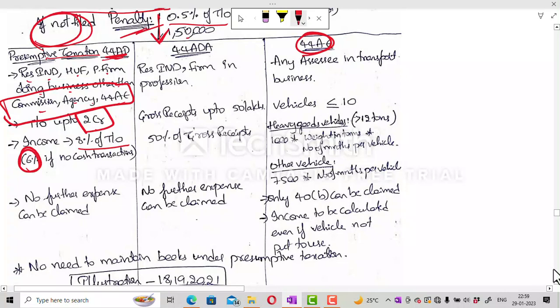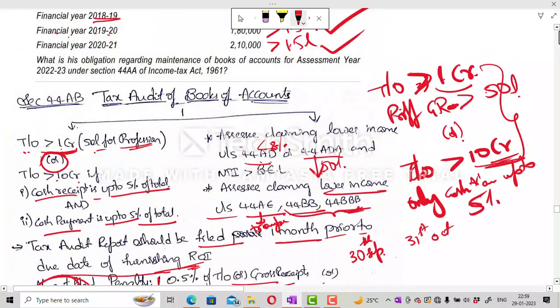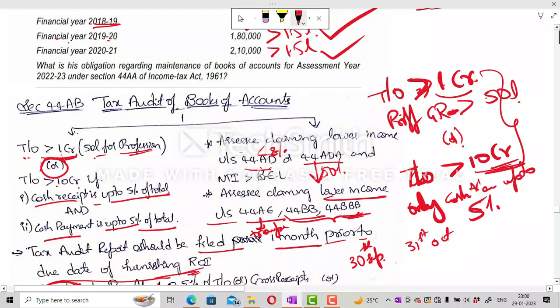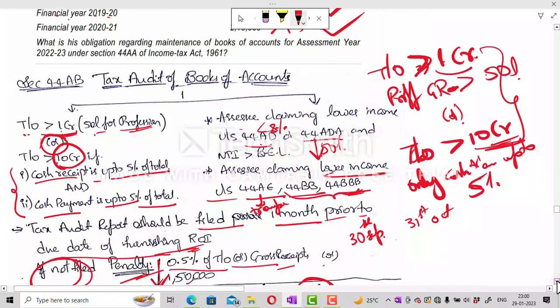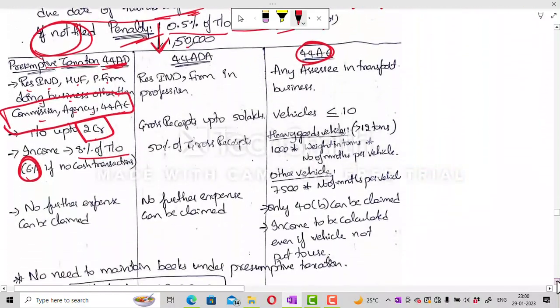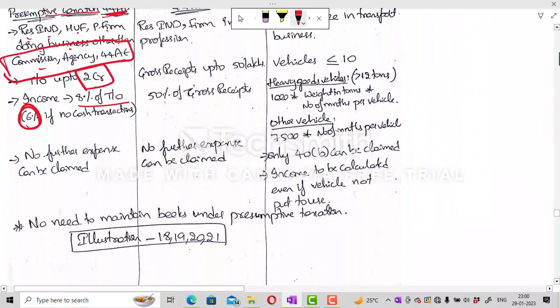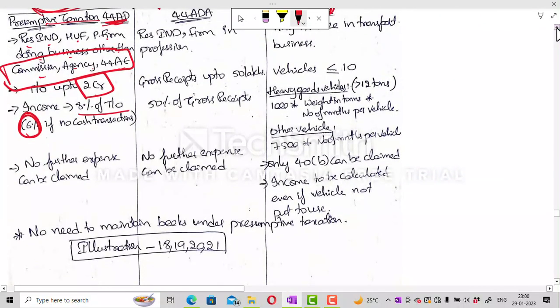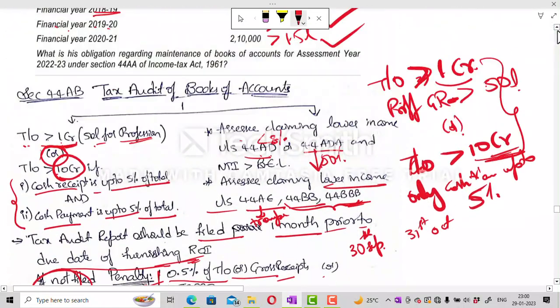See, earlier we studied that if cash transactions are up to 5%, then the threshold limit is 10 crore for tax audit. But here, if there are no cash transactions, they have to pay 6% of turnover as income under presumptive taxation of 44AD.